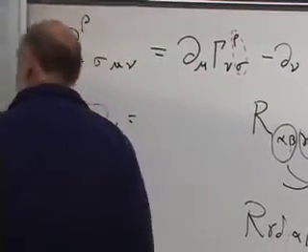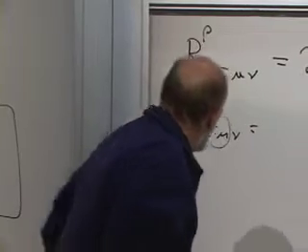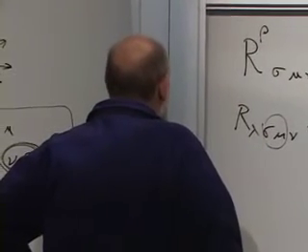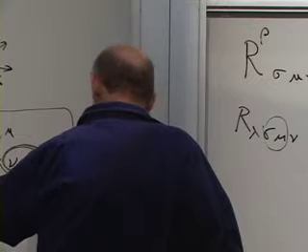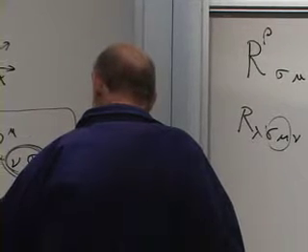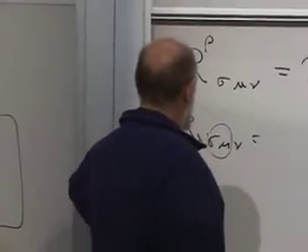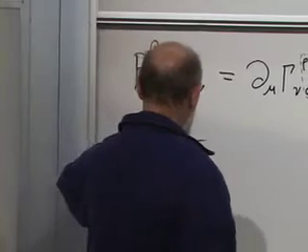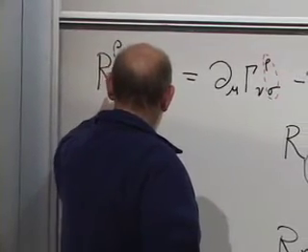Oh, God, I hope I don't have the indices mixed up. Oh, brother. You know, I think I do. Those are the middle two. Let's see what I have here. Let me just look at it for a minute. Rho is up here.